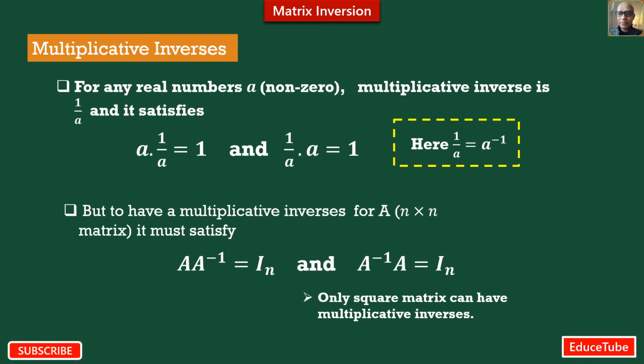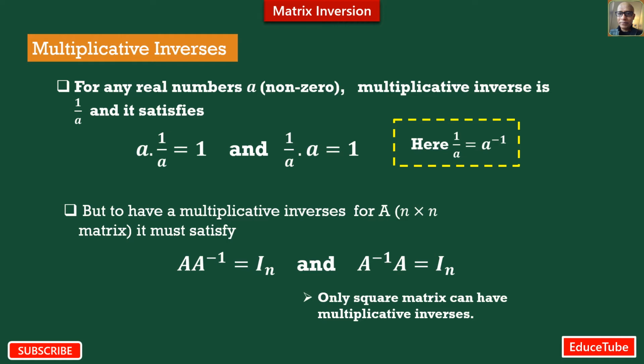Now, multiplicative inverses. What is a multiplicative inverse? Two real numbers whose product is the multiplicative identity are called multiplicative inverses.